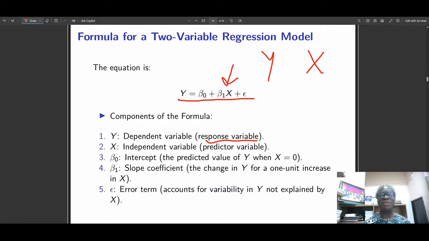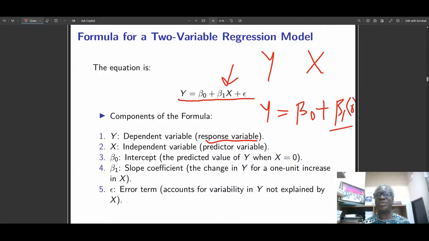But in terms of the role they play, for instance, if we just for now ignore the error term and we put x to be 0, I will have y to be beta naught plus beta 1 times 0.